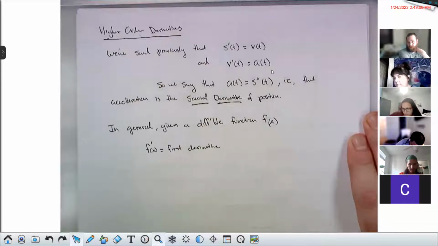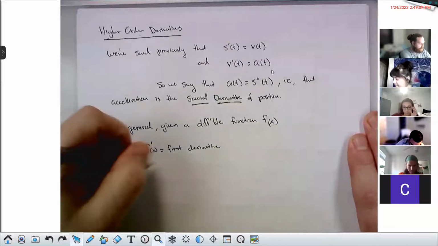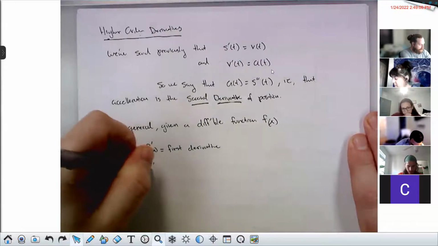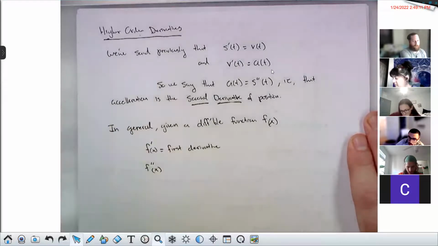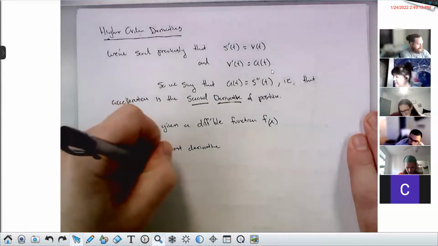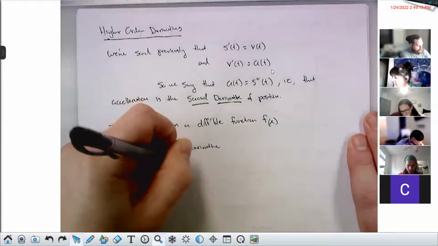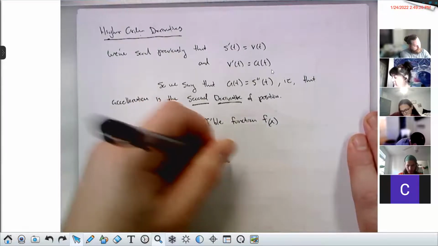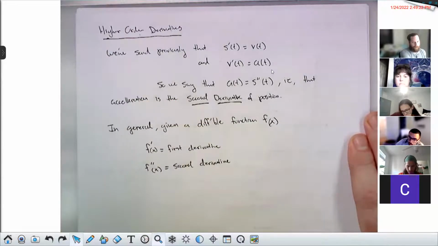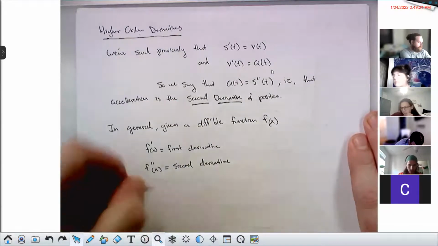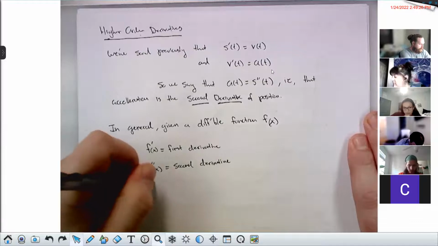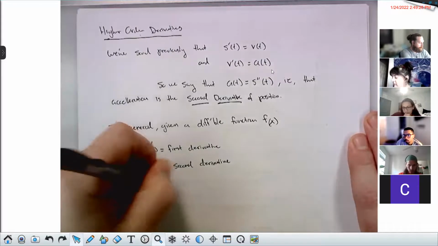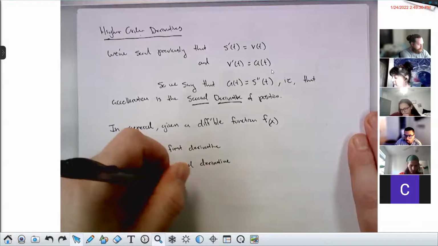And it is a function. So I could use the limit definition to take the derivative of that function. And then what I get, we call f double primed, or the second derivative. You could do it again. No one can stop you. You can keep going as many times as you want.